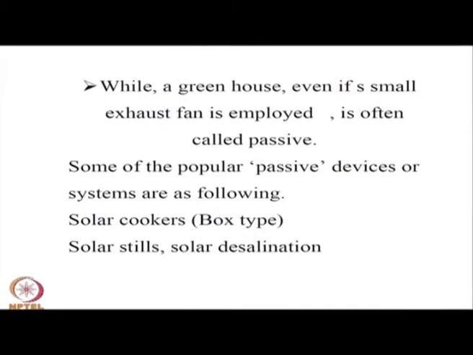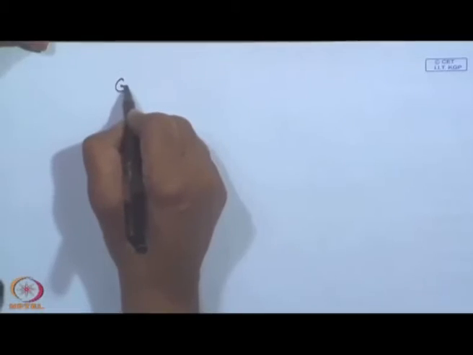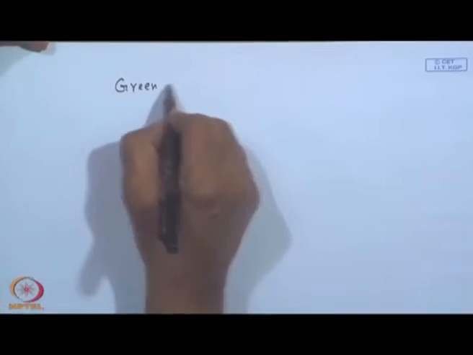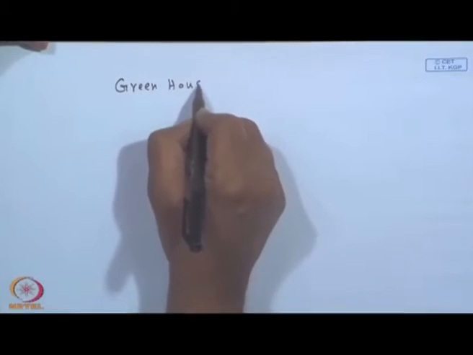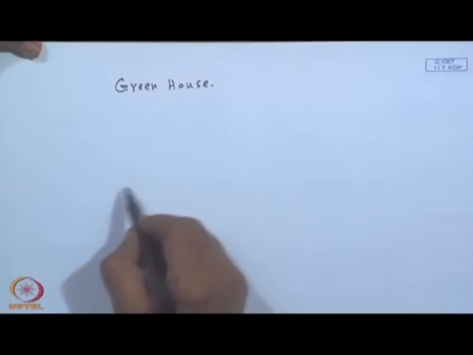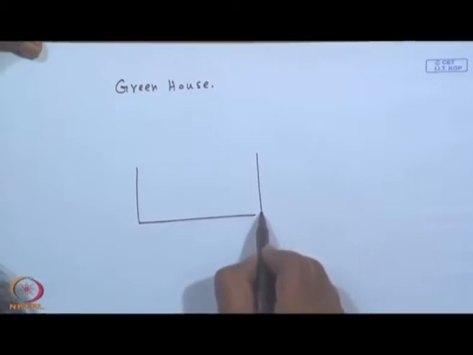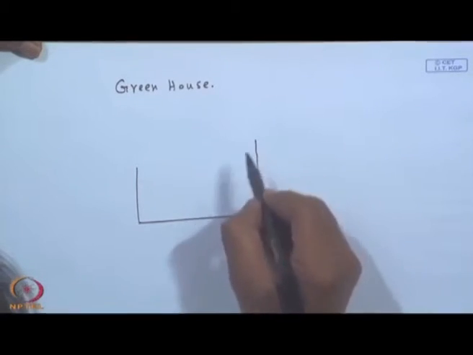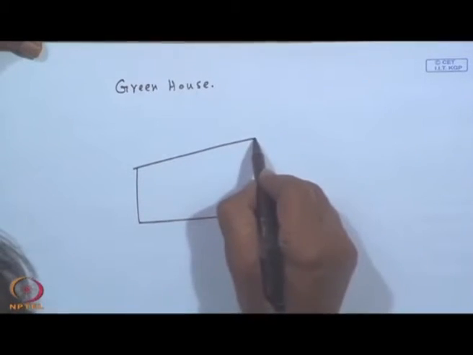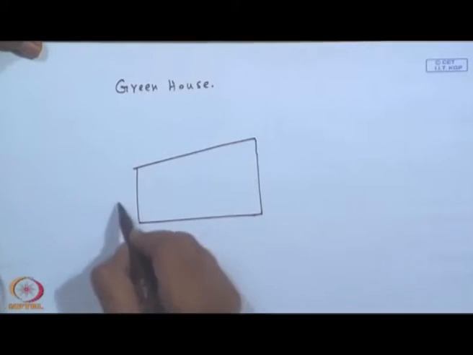Now, we come to what is commonly referred to as a greenhouse. You may just have a building, maybe with a slightly slanted roof.